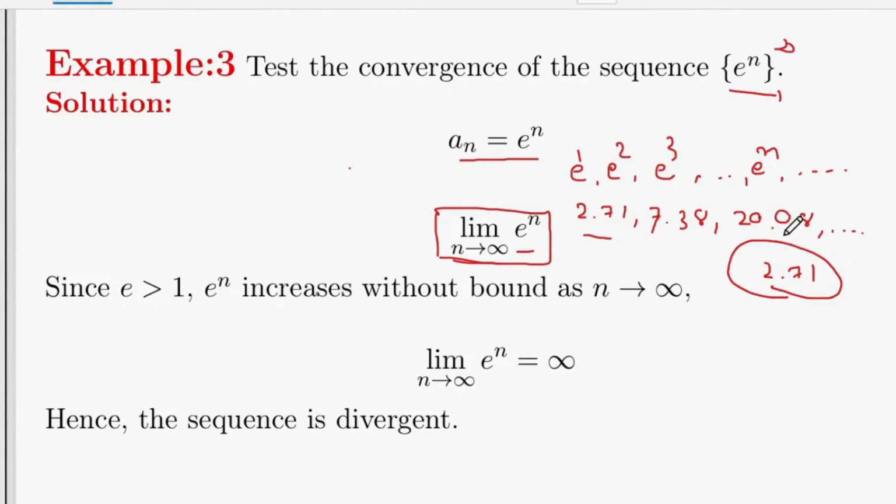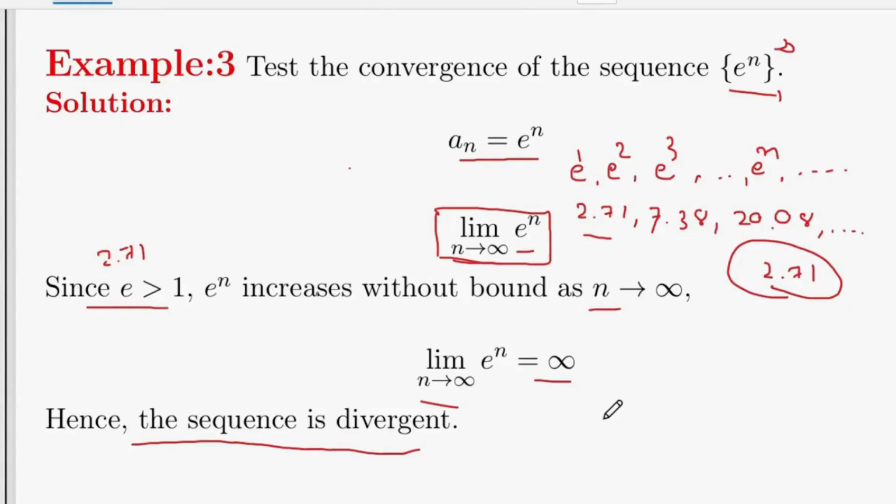Infinity. So that's why we conclude, since e is approximately equal to 2.71, e is greater than 1. So e raised to n increases without bound as n tends to infinity. So limit n tends to infinity of e raised to n is equal to infinity. Hence the sequence is a divergent sequence, because here we are getting the answer infinity.